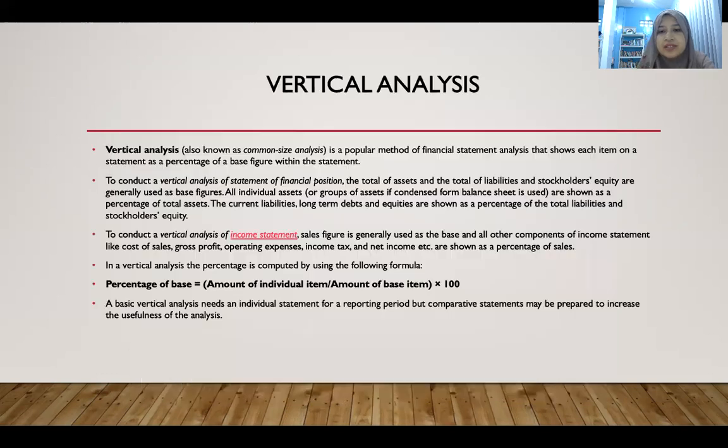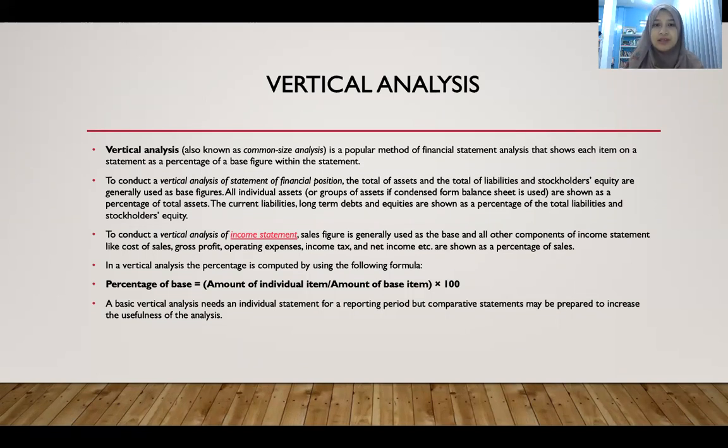Now we see vertical analysis, or commonly known as common size analysis. If just now we saw the comparative financial statements for different years, now we see a financial statement in the same year, but we want to show each item on a statement as a percentage of a base figure within the statement.